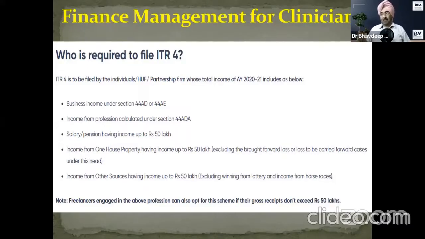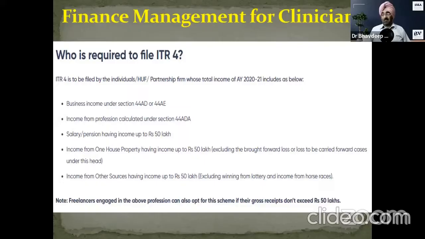Up to 50 is allowable under ITR 4 in present way. If you continue to follow the way that my payments are not going to change, they still pay me more cash, then you get a limit of 50 lakhs. If you change your patients to pay you more digitally and 95% of your patients pay digital, you get a limit of up to 75 lakhs.